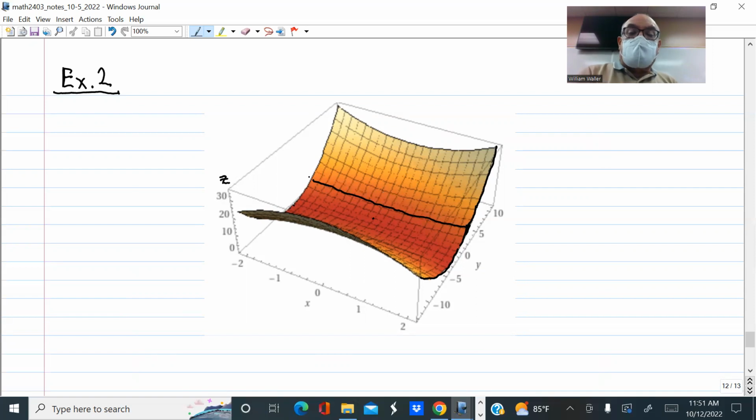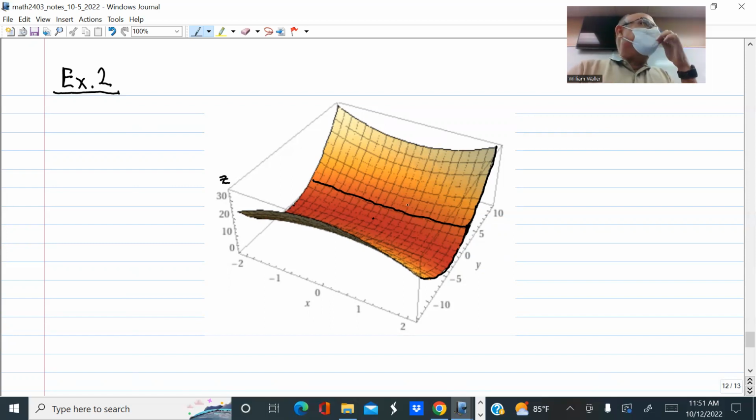When you change your values for x, here we have x running from -2 to +2, the z values are going to change. Unfortunately, because of the perspective on this surface, you can't see much curvature in that curve, but that's supposed to be a parabola. We're looking from a really bad perspective, but that really is a parabola.